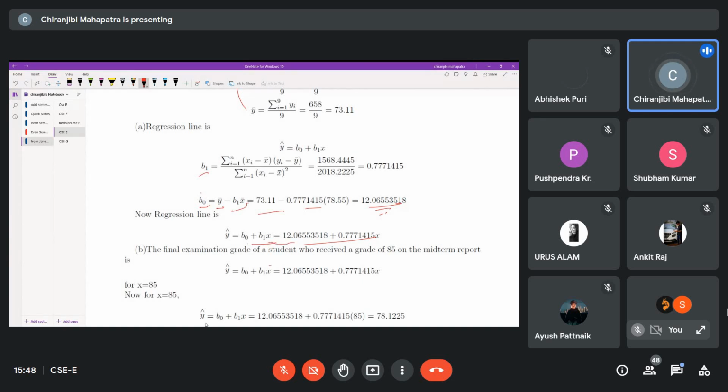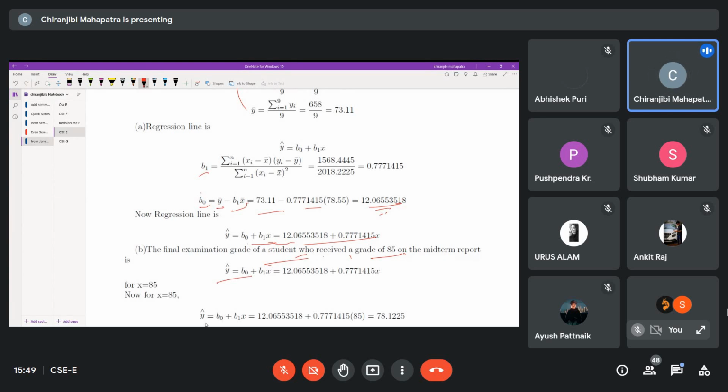Then there is a question: a person who received a grade of 85 on a midterm. y hat equals to क्या होगा?